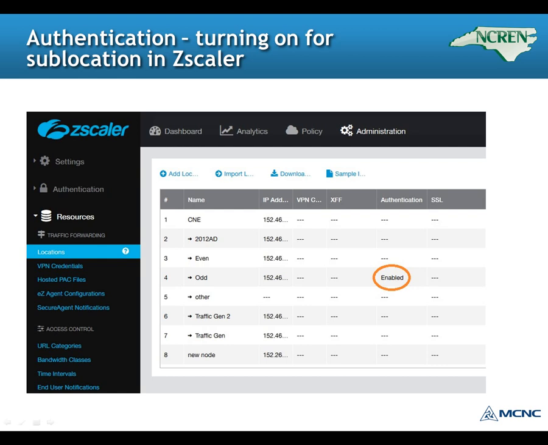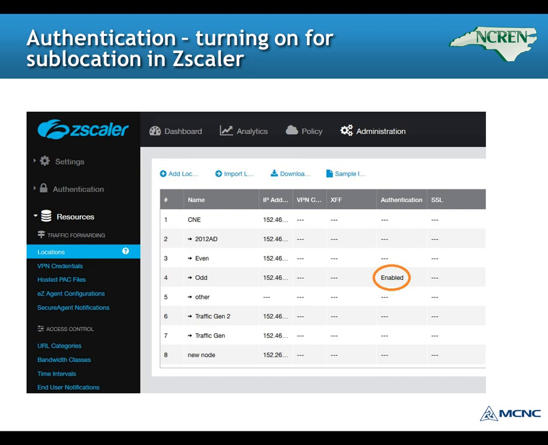Okay, so if we have authentication on, well, if we don't, we have to turn it on. In our case, we just went into administration, locations, we expanded our site, we found the location where we're going to do our testing, might be a lab, might be a single PC.